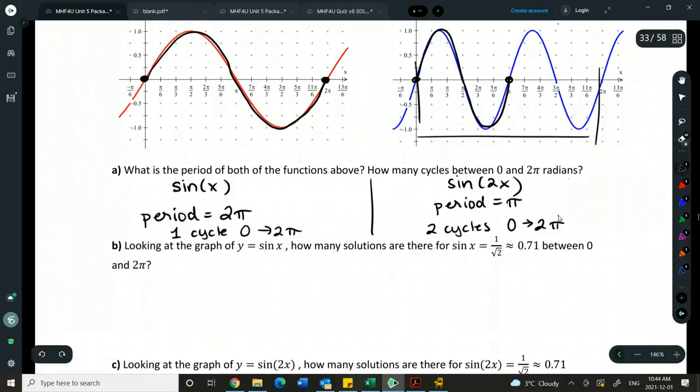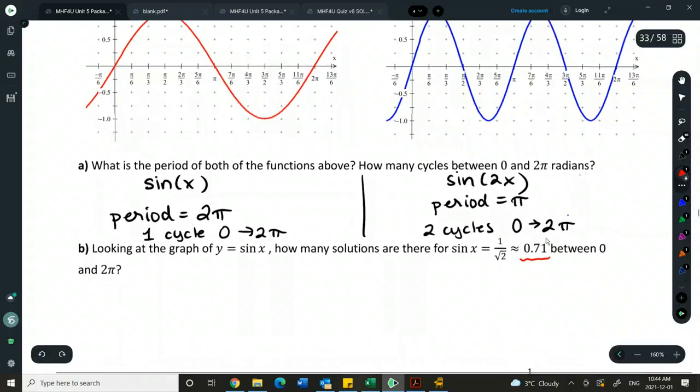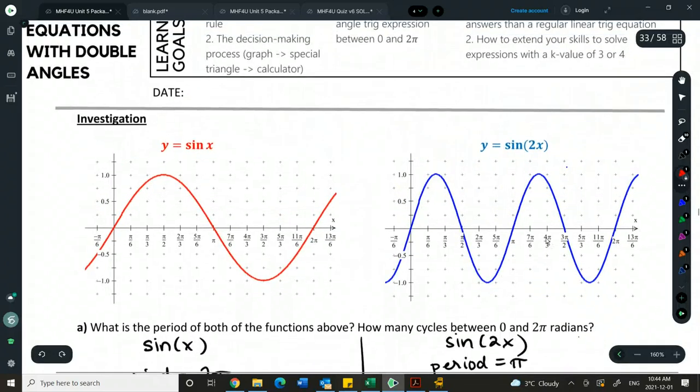Okay, so the next question asks, if I look at the graph and try to see where sine x is equal to approximately 0.71, how many times is that happening in between 0 and 2 pi? So 0.71 is kind of like here, just before 0.75.